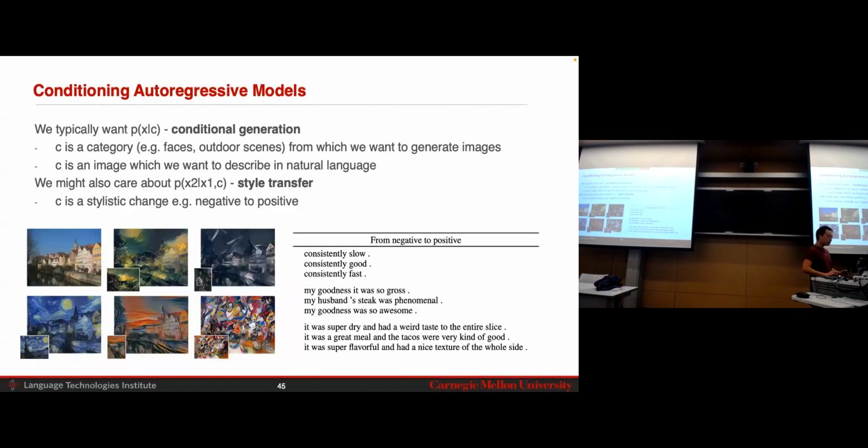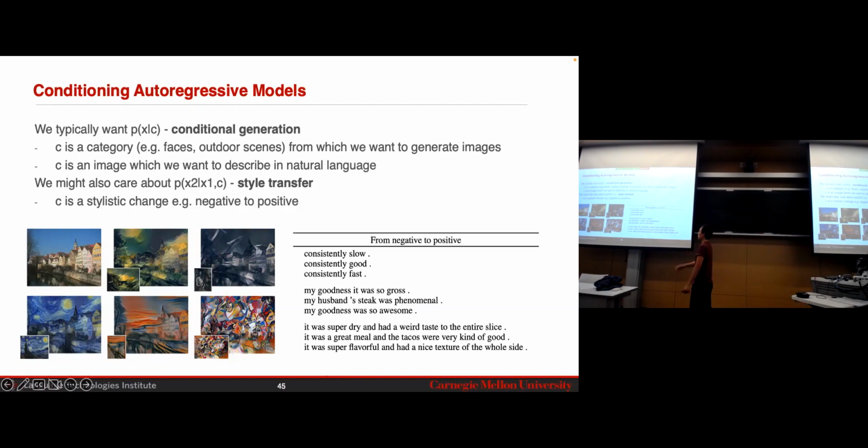Recall that conditional generation is all about learning P of X given C, not just P of X, but conditioned on some variable that you want to steer your generation towards. So if you want to generate images, C could be a category, like people or outdoor scenes. If you want to generate natural language, it can be unconditional, just completing natural language, or you can use C as an image and generate a natural language description of that image.